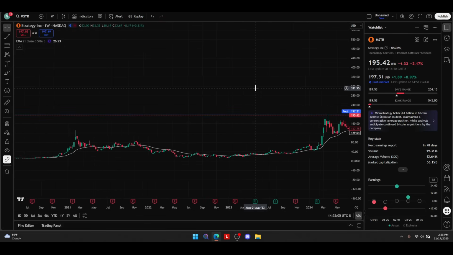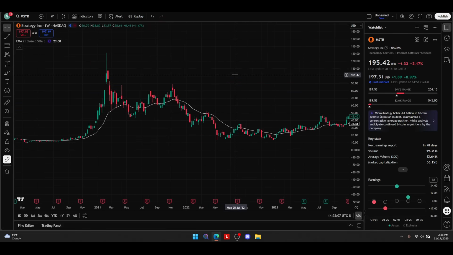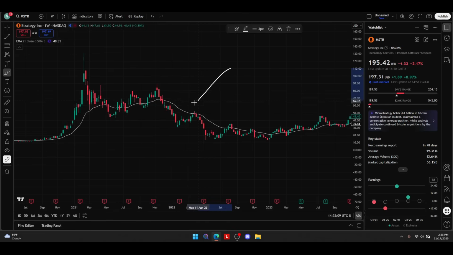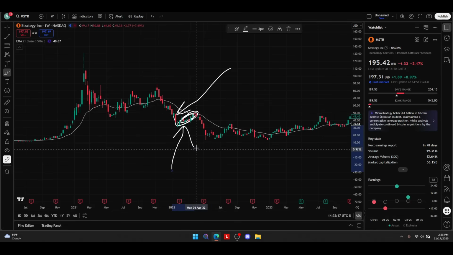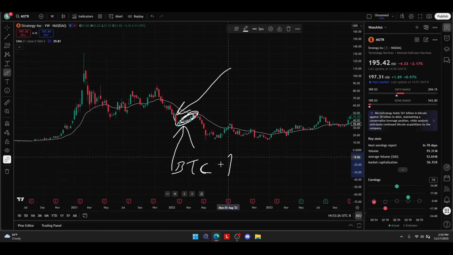Very similar structure playing out like last cycle, right? It looks like we're right about here in terms of the last cycle. So even if we do see a rally, which I think is coming, that's probably when Bitcoin's going up. So this rally right here, I think will happen to MSTR now, but that's after BTC goes up, right?